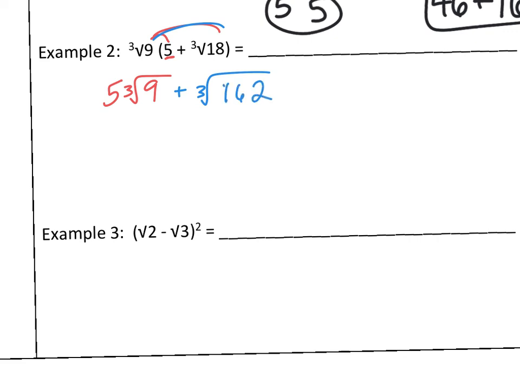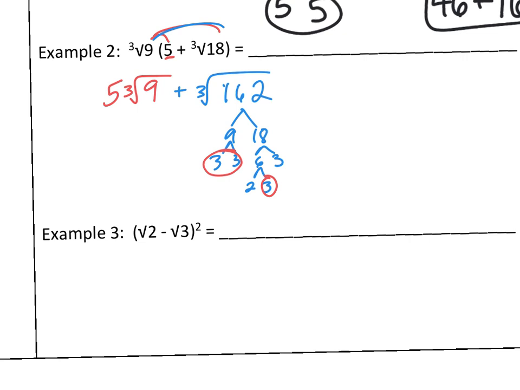Are those like radicands? No, they are not. So I cannot add those together as they are now, but I can break down 162. So if I use a calculator, break that down, it breaks down into 9 and 18. 9 breaks down to 3 and 3. 18 breaks down to 6 and 3. And 6 breaks down to 2 and 3. Looking for groups of 3. It looks like I have one group of 3.